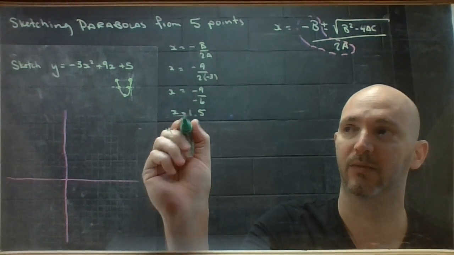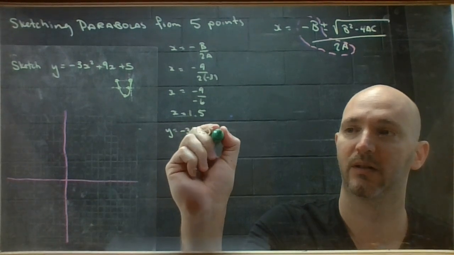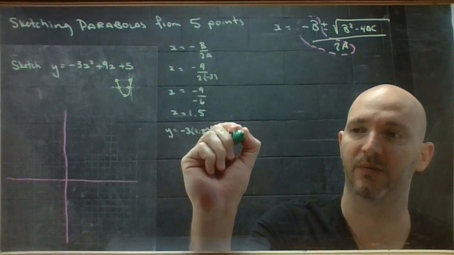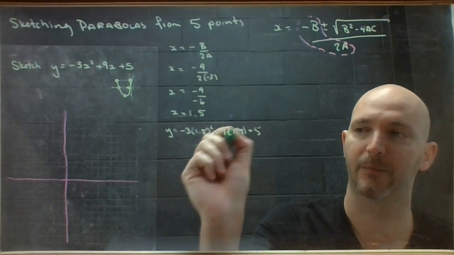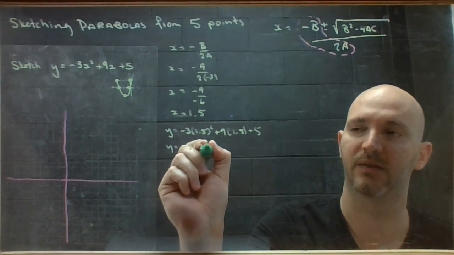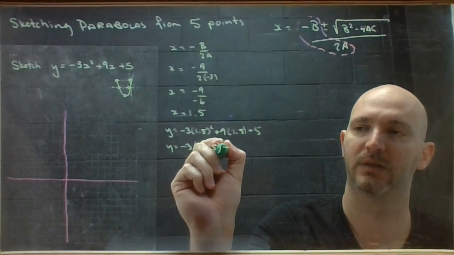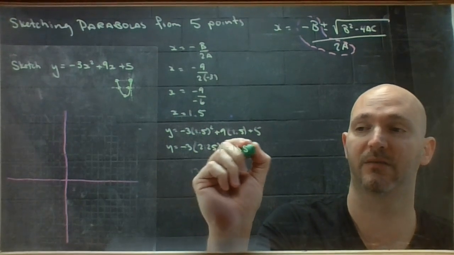So my y will be negative 3 times 1.5 squared, plus 9 times 1.5, plus 5. 1.5 squared is 2.25. 9 times 1.5 is 13.5.